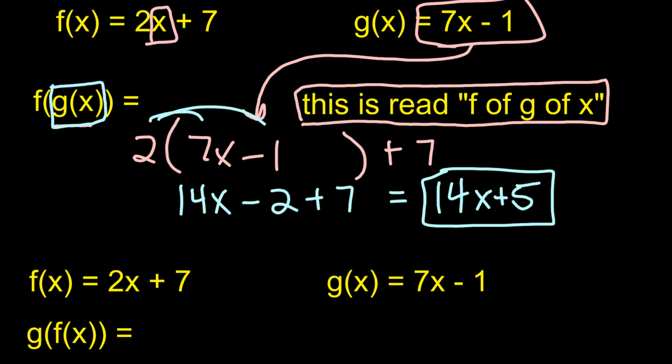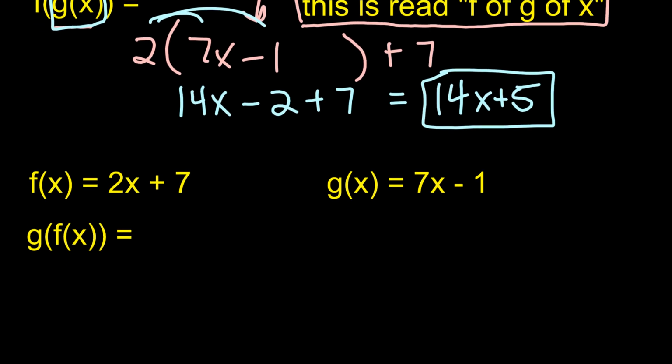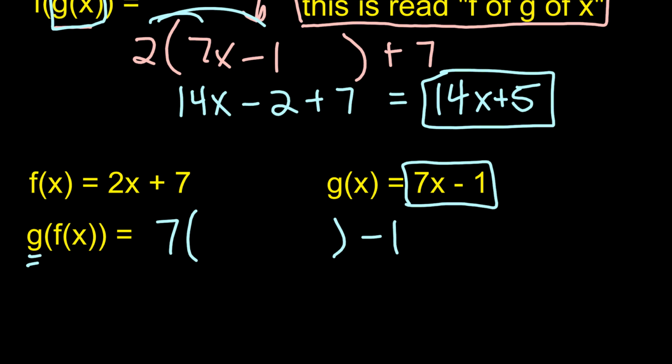It's 14x plus 5. So then down below, I ask, let's do g of f of x. Go the other way. So this time we're going to start with the g function, and I'm just going to write that down. Whichever one's on the outside, we're going to write that one down. We're going to do 7, and wherever I see an x, I'm going to do a big set of parentheses.